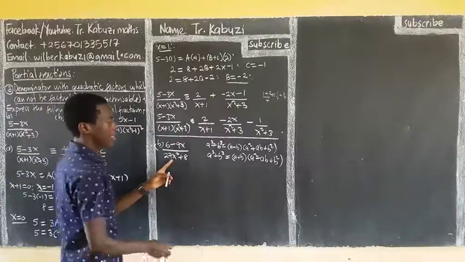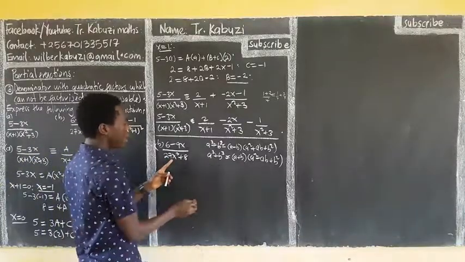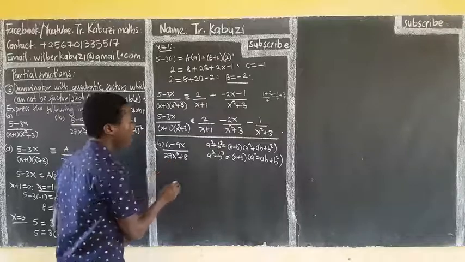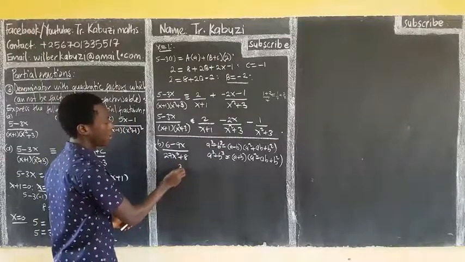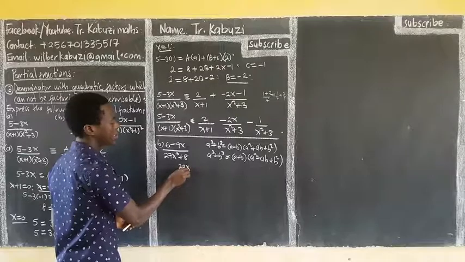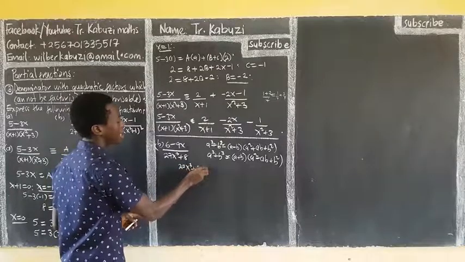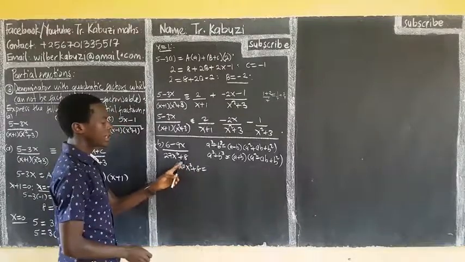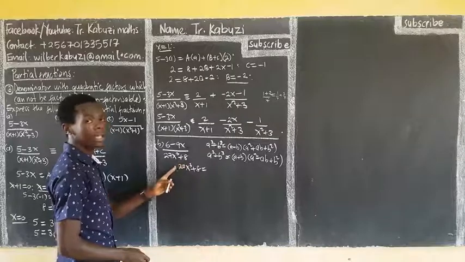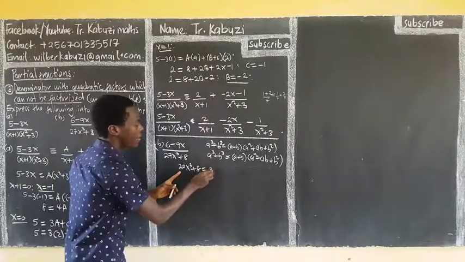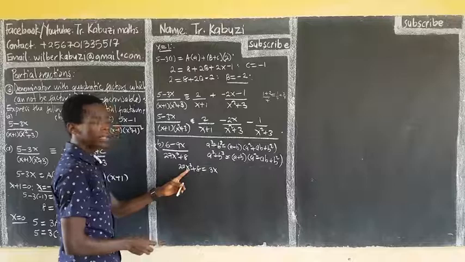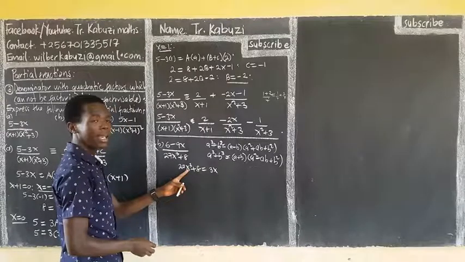So now, our 27, this 27 here. So my 27x cubed plus 8, I can write it as, you see, the cube root of 27 is 3. So this is 3. The cube root of x cubed is x.